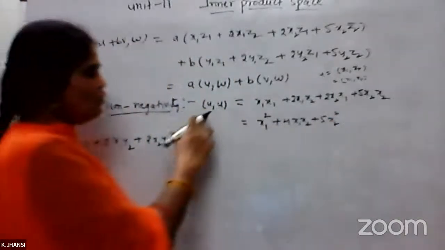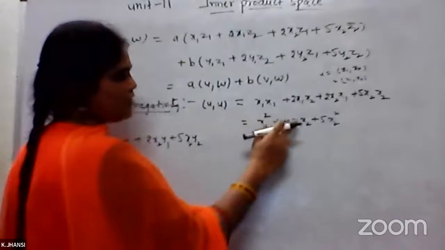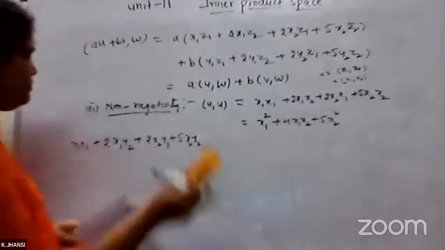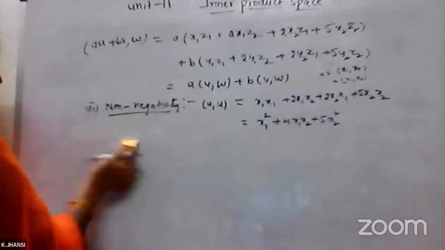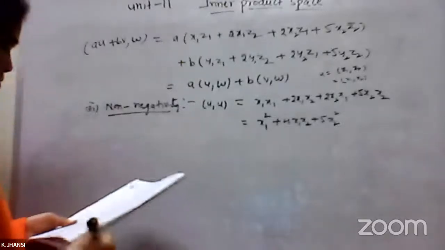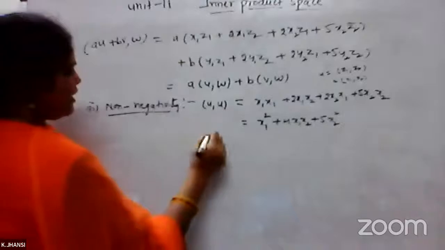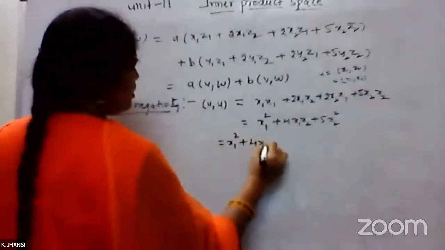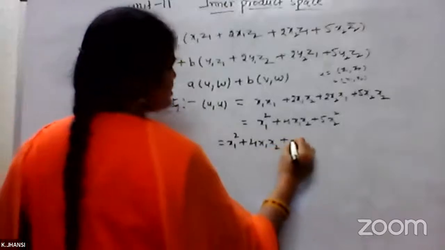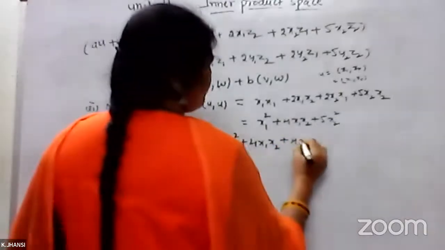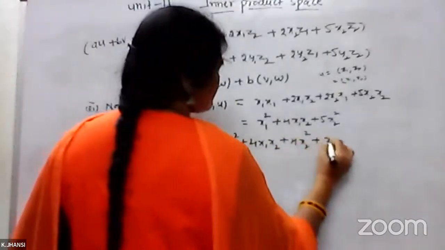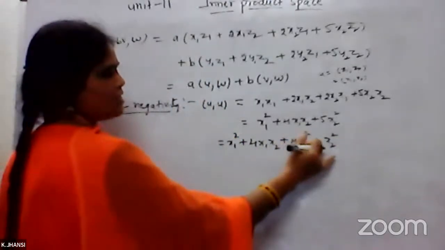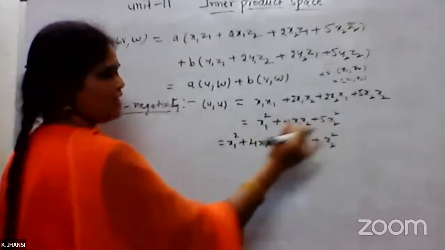So u comma u we are getting x1 square plus 4 x1 x2 plus 5 x2 square. So we can write this as x1 square plus 4 x1 x2 plus 4 x2 square plus x2 square. 4 plus 1 is 5, you will get the same one.